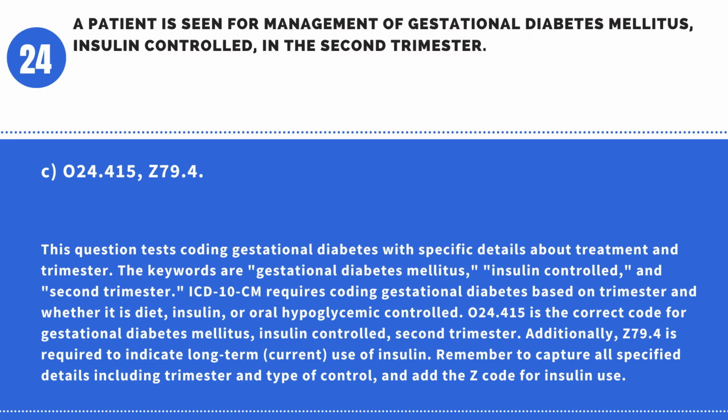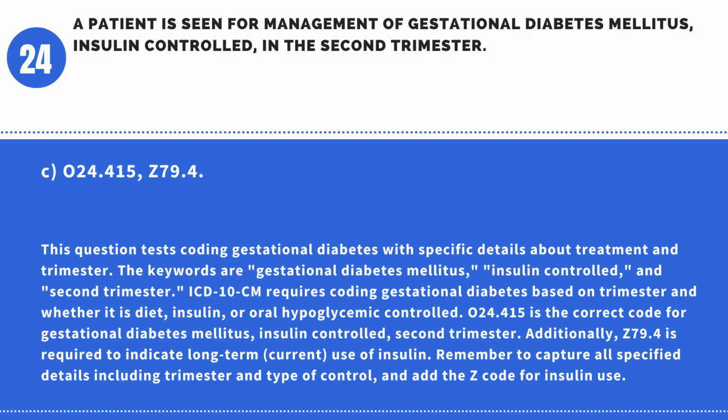Answer: C. O24.415, Z79.4. This question tests coding gestational diabetes with specific details about treatment and trimester. The keywords are gestational diabetes mellitus, insulin-controlled, and second trimester. ICD-10-CM requires coding gestational diabetes based on trimester and whether it is diet, insulin, or oral hypoglycemic controlled.